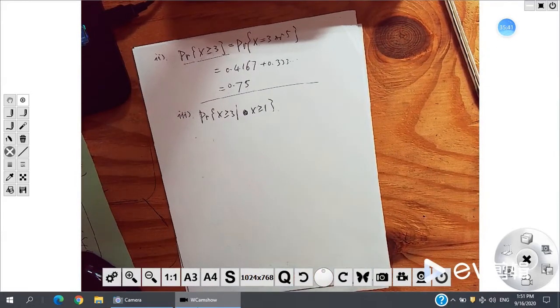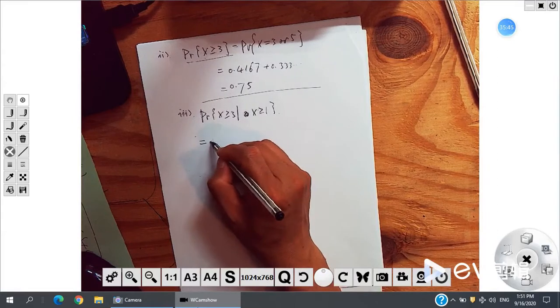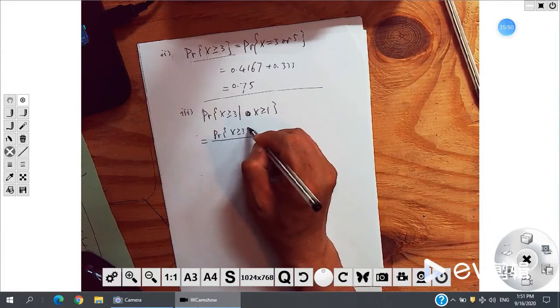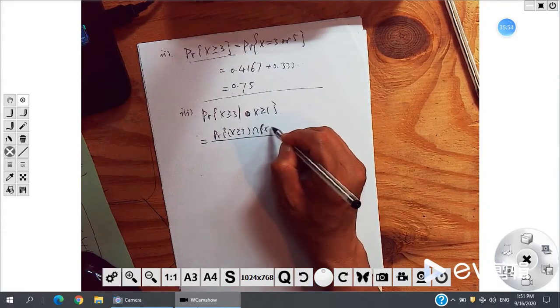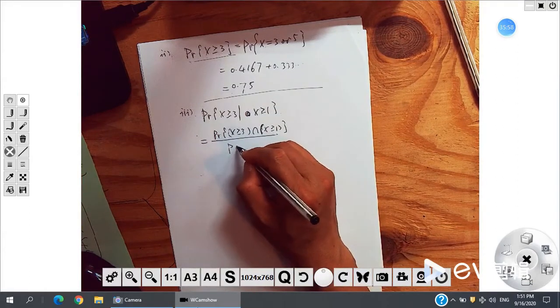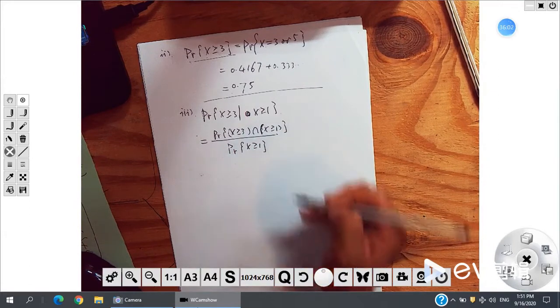It's a similar calculation. This will be the probability of x larger than 3 intersection with x larger than 1, which is the numerator. And the denominator is the probability of the condition.